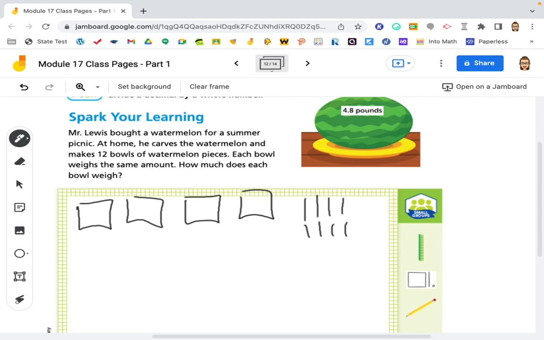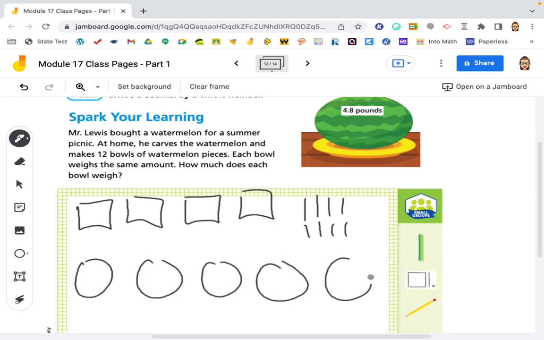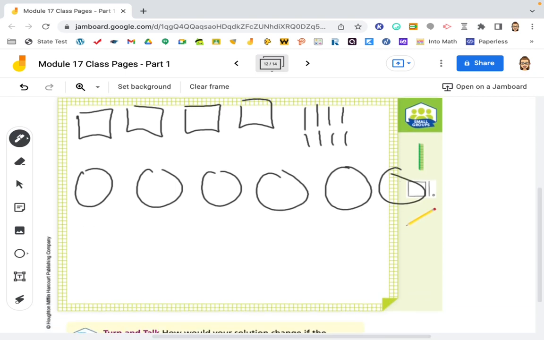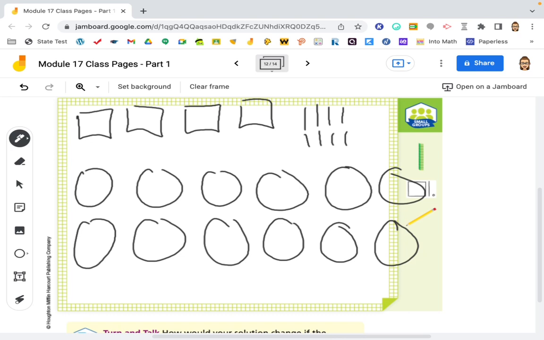Then we want 12 equal bowls, so we're going to go 1, 2, 3, 4, 5, 6, 7, 8, 9, 10, 11, 12. We do not have enough wholes, so we need to split them up, and there's 10/10 in there, so I'm going to go 1 through 10.